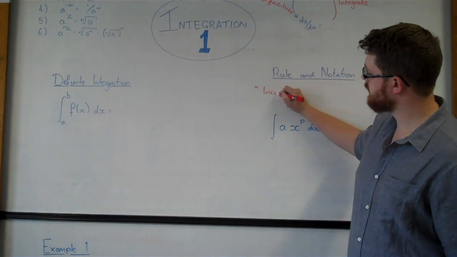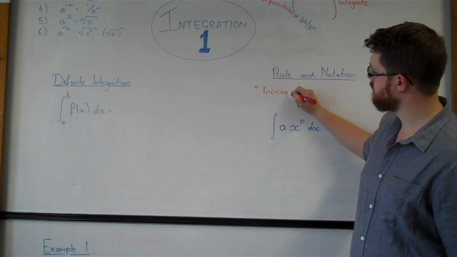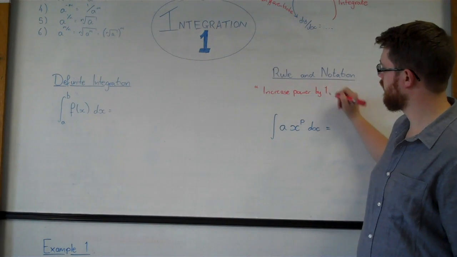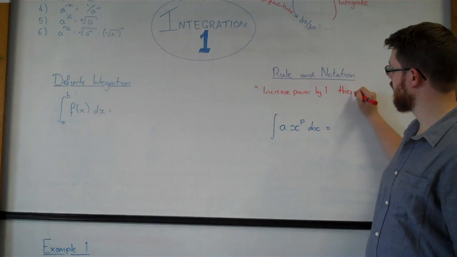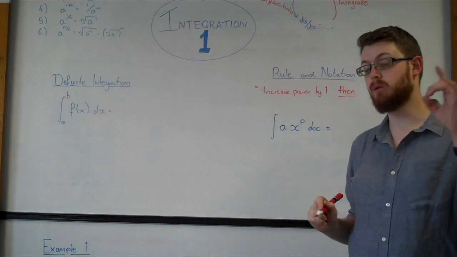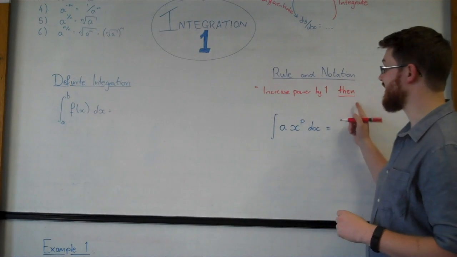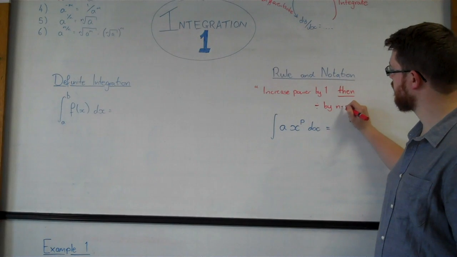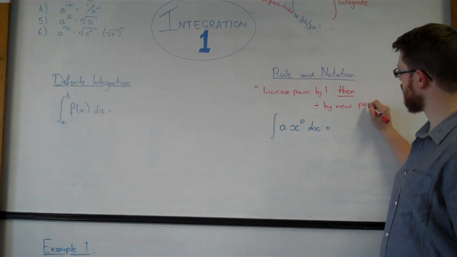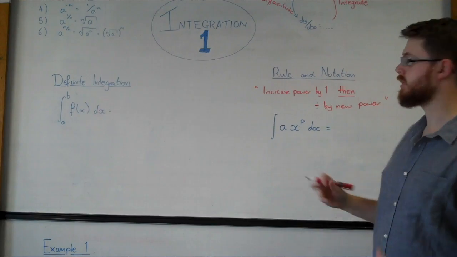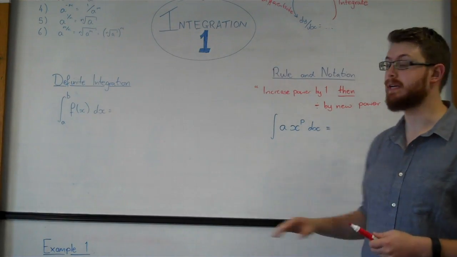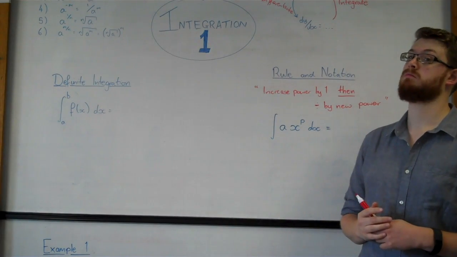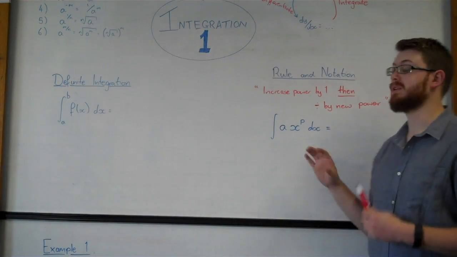So you increase the power by 1, then, and the order of this is incredibly important, divide by the new power. And that's the phrase you've got to keep in your head when you're doing basic integration for core 1 and core 2. So let's look at the general rule algebraically.